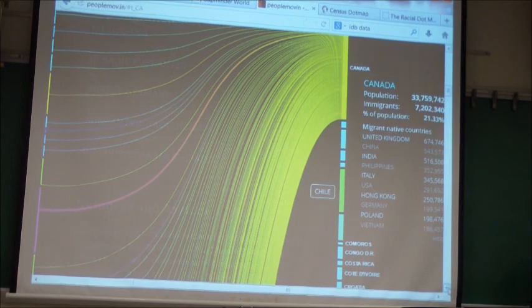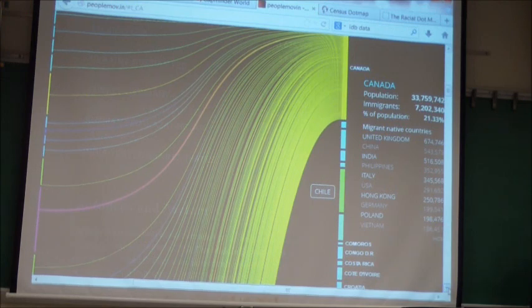Also a good amount from China, India, Philippines, the same cast of characters that we're going to find with the United States. But once again, what's absent here is Latin American countries. We don't see any. But we also see Hong Kong. So Ecotopia, I hope you talk about the Hong Kong population there in Vancouver, which is very prevalent.